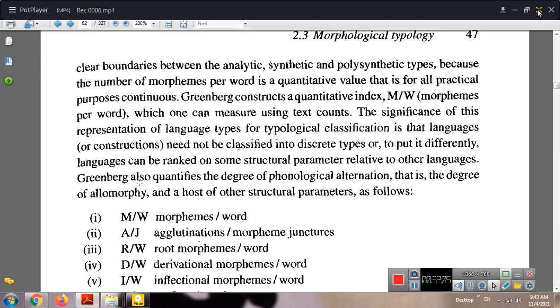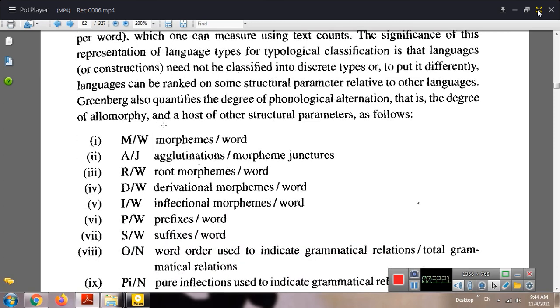Okay, here we see that Greenberg quantifies the degree of phonological alternation, that is, the degree of allomorphy, and a host of other structural parameters as follows. Number 1, we have morphemes per word.